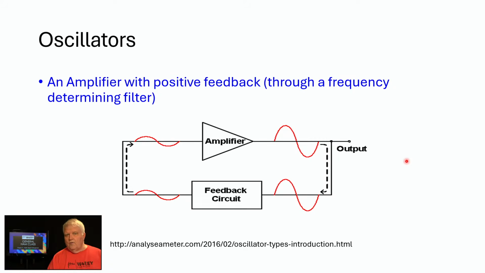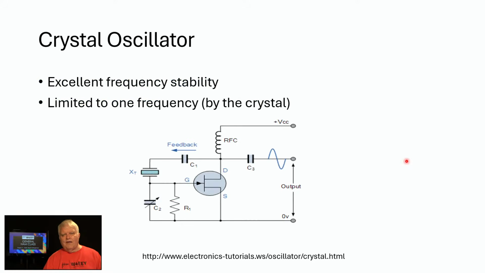And one of the more common oscillators back in the day with novices for sure was a crystal oscillator. Novices, back in the 1960s when I got my first license, we were required to use crystals to determine our transmit frequency because they're extremely stable and didn't have a lot of noise or other issues. So excellent frequency stability, but you're limited to one frequency because the crystal only oscillates at one frequency.